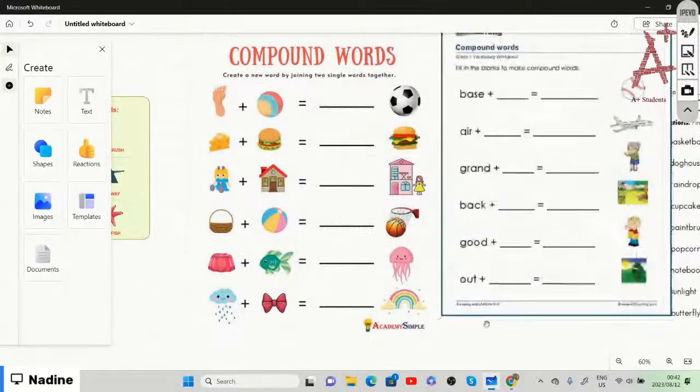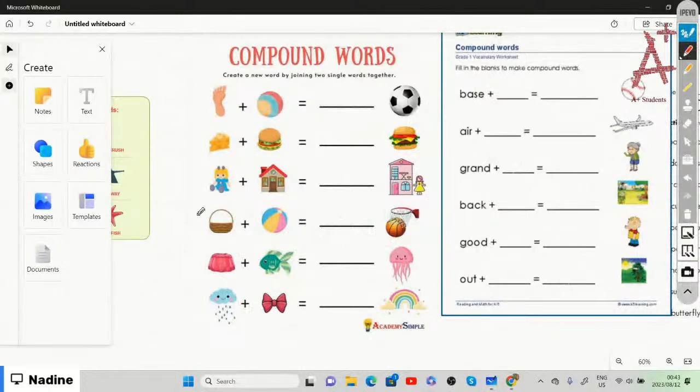All right, so now we are going to fill in the blanks to make a compound word. The first smaller word is already given, for example, base. And they also give us the compound word clue. So base plus what gives us a small white ball?